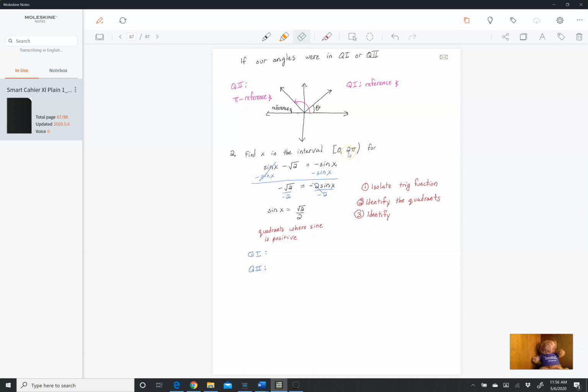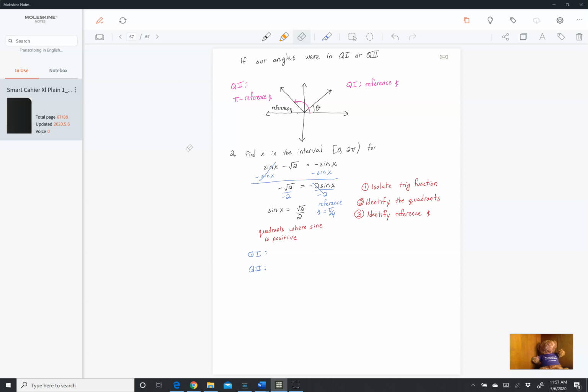We're going from 0 to 2 pi, not 0 to 360. So we're asking what angle has a sine of square root of 2 over 2? Well, it's pi over 4. That's our reference angle.